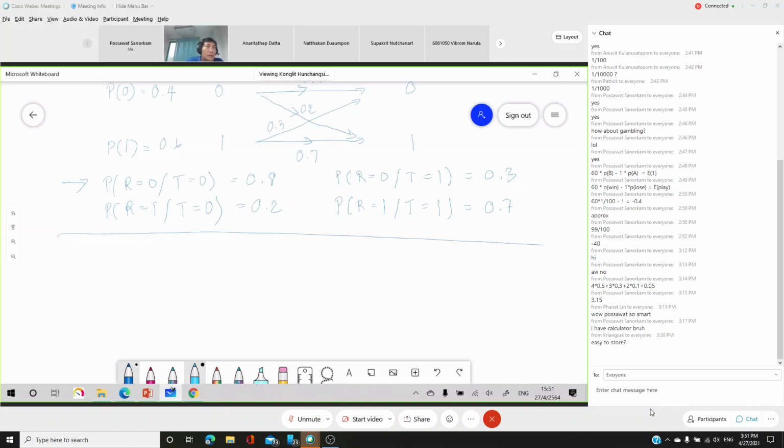if we're tossing a coin, right? A coin, it's head or tail. Let's assume the probability of getting head is 1/2, and the probability of getting tail is 1/2.